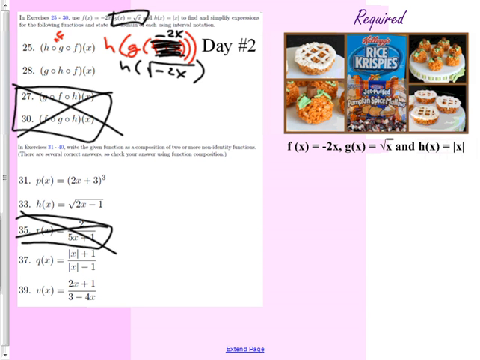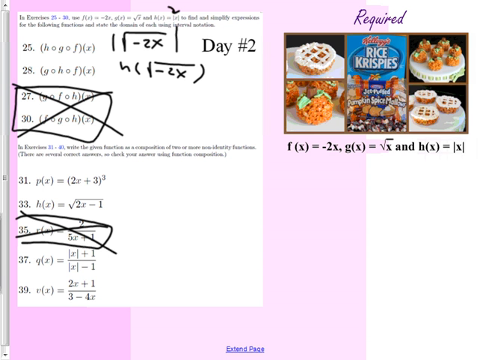All right, and then the last step is H of that weird thing. So I stick that weird thing, square root of negative 2x, into the H function, which is just an absolute value. So it's just the absolute value of the square root of negative 2x.